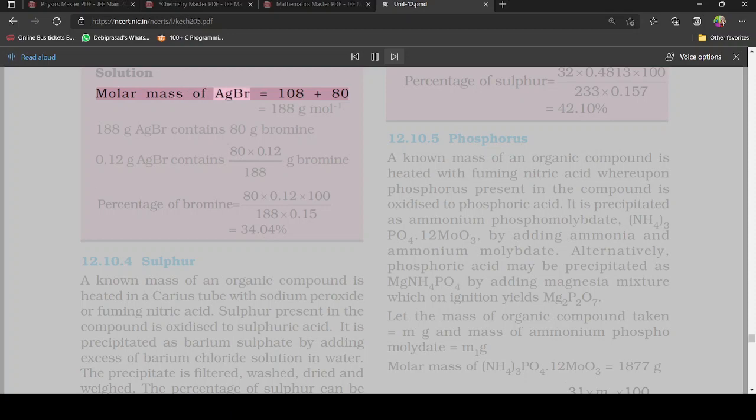Molar mass of AgBr is equal to 108 plus 80 is equal to 188 g mol⁻¹. 188 g AgBr contains 80 g bromine. 0.12 g AgBr contains 80 × 0.12 / 188 g bromine. Percentage of bromine is equal to 80 × 0.12 × 100 / (188 × 0.15) is equal to 34.04%.